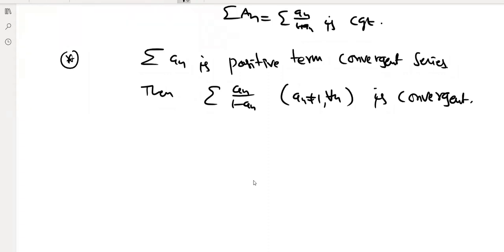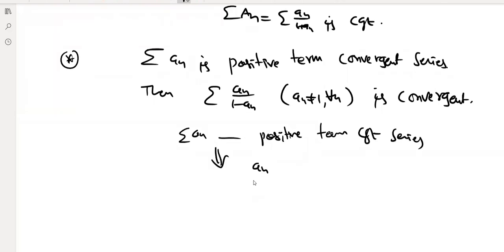Summation An by 1 minus An is also convergent. Right? Again, what test? The same test. This is a positive term convergent series, which means An is positive and An converges to 0. Once An converges to 0, I don't know whether it is positive or not because it depends upon the 1 minus An value.